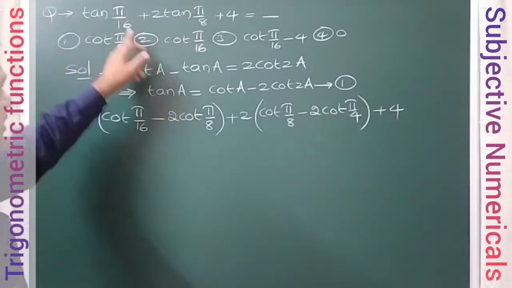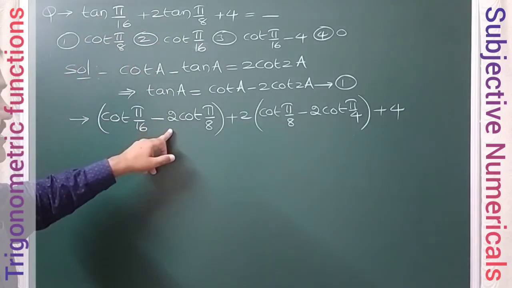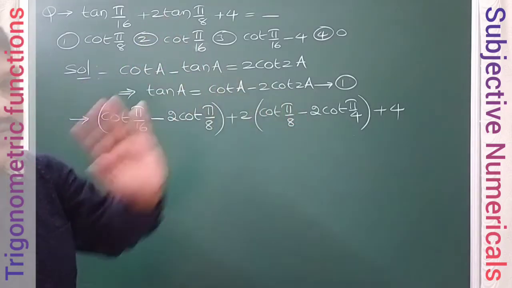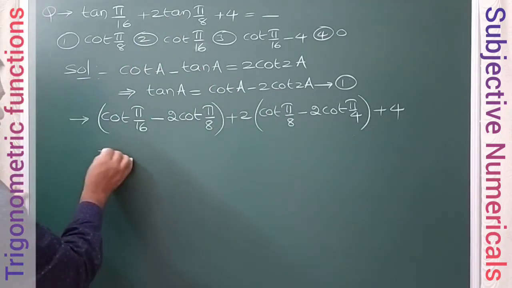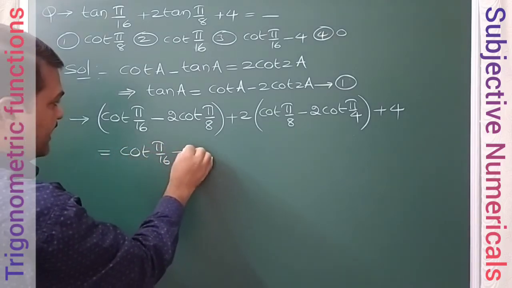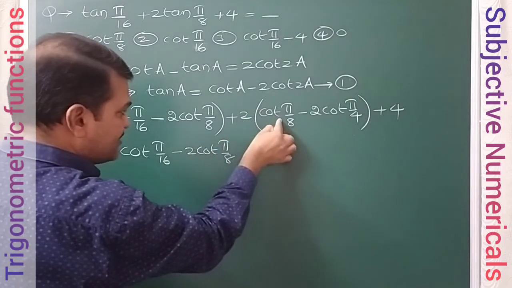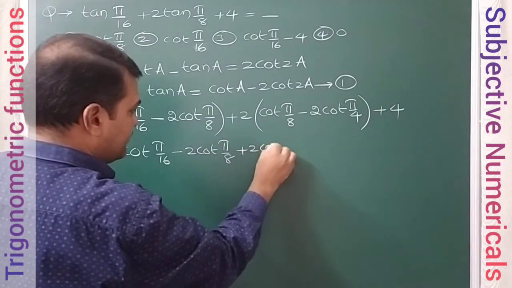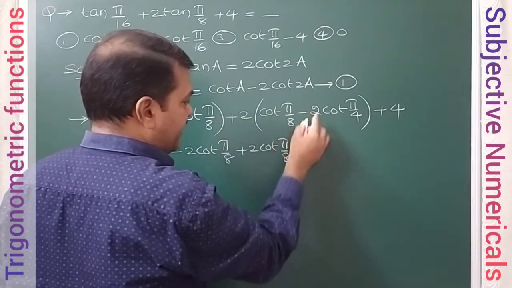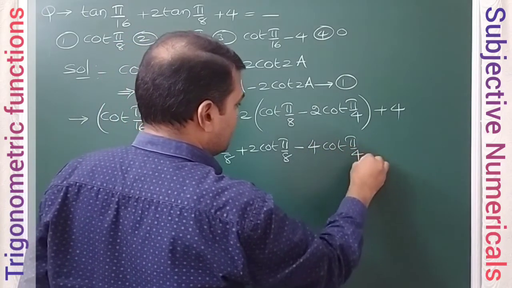So in the question, using this formula, I wrote what is tan pi by 16 value and tan pi by 8 value. Simplification. So cot pi by 16 minus 2 cot pi by 8 plus 2 into cot pi by 8 multiply 2 into minus 2, minus 4 into cot pi by 4 plus 4.